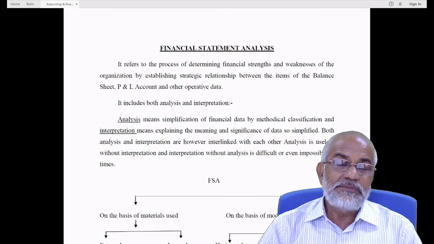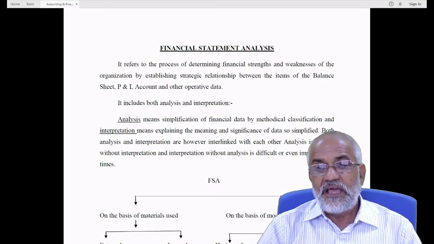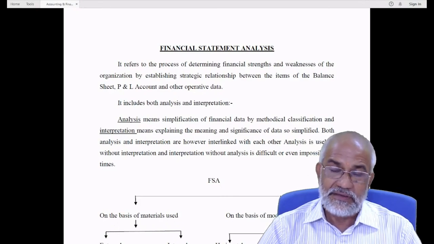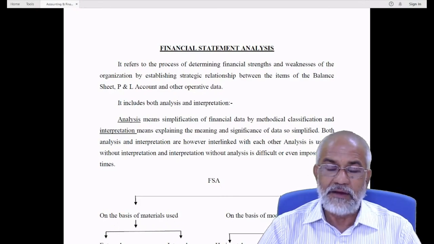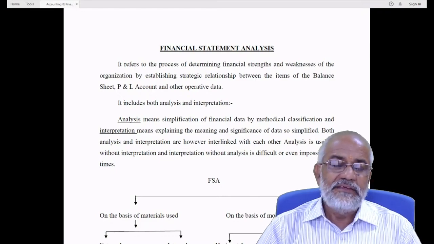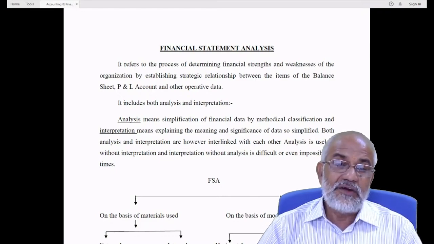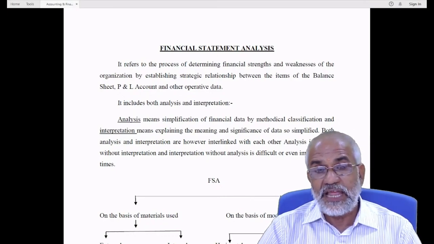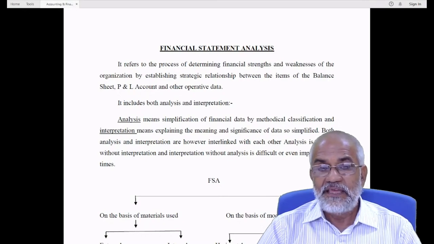And nominal account is based on the principle that all losses and expenses are debited and all incomes and gains are credited. That is the fundamental principle of nominal account. Accordingly, the debit side of the profit and loss account contains all losses and expenses, and the credit side contains all incomes and gains.